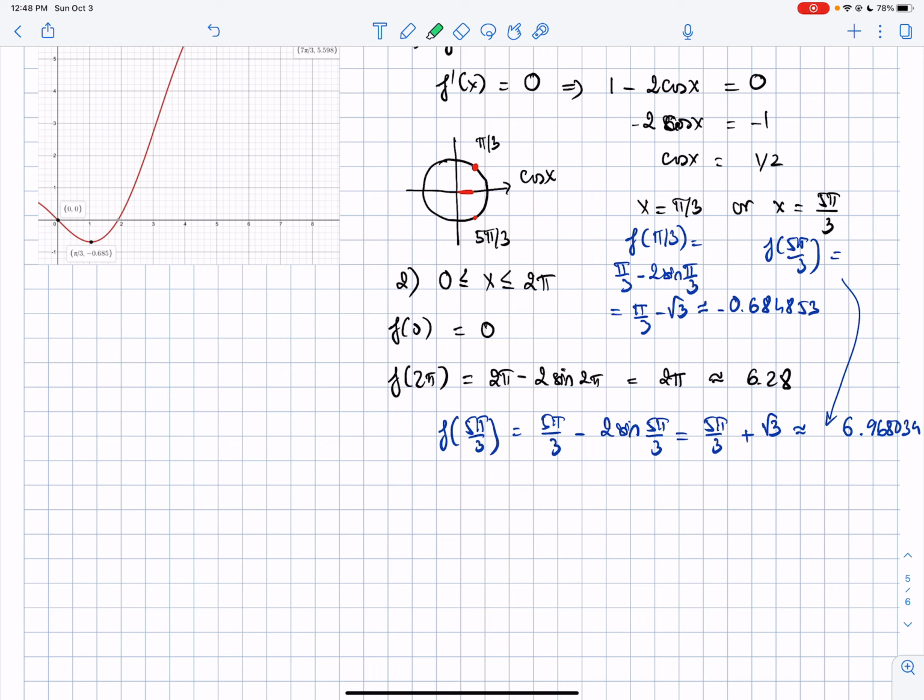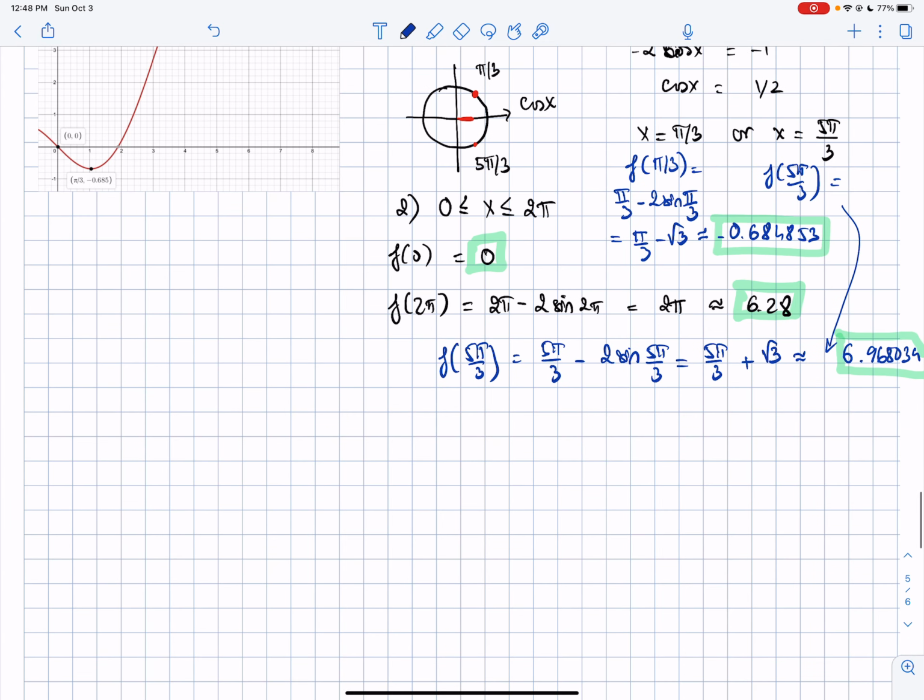So what we need to look at is these 4 values. This one, this one, this one, and this one. Okay, and then which one gives us the largest? That would be the maximum value. So that is step number 3.